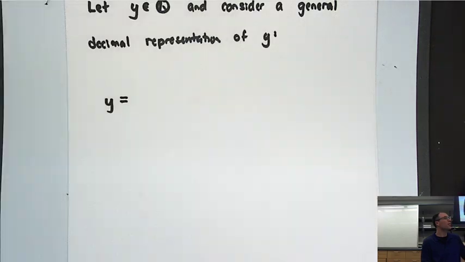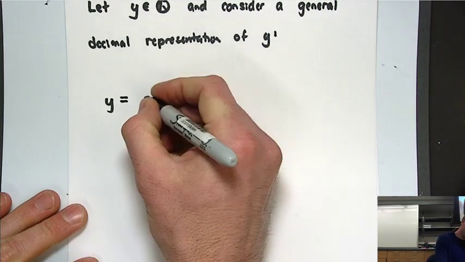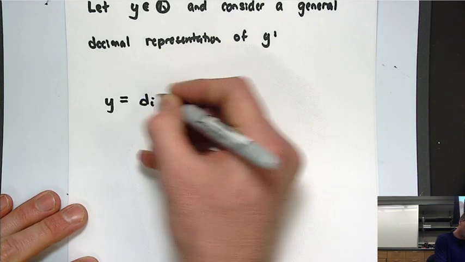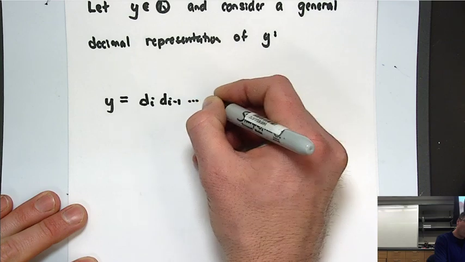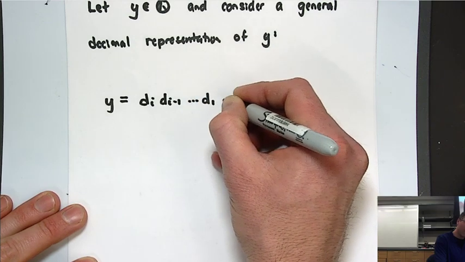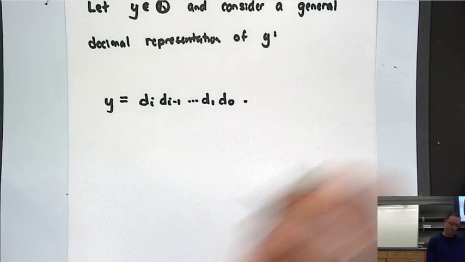Maybe we say to ourselves that it has I plus 1 digits, I for integer. So if the integer part has I plus 1 digits, what is the index on the most significant digit? Yeah, D sub I, D sub I minus 1, all the way down to D1, D0.